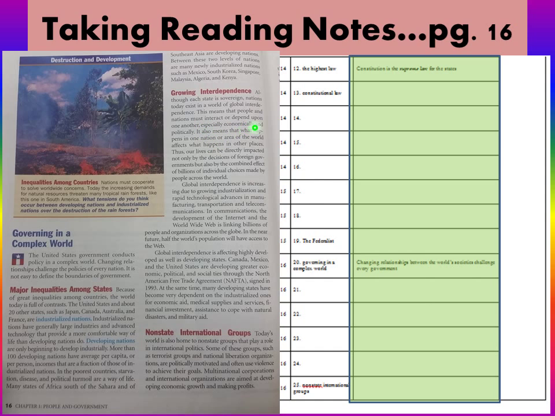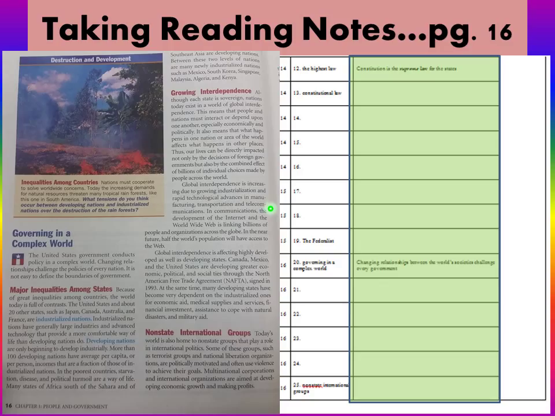It also means that what happens in one nation or area of the world affects what happens in other places. Thus, our lives can be directly impacted not only by the decisions of foreign governments, but also by the combined effect of billions of individual choices made by people across the world. Global interdependence is increasing due to growing industrialization and rapid technological advances in manufacturing, transportation, and telecommunications.